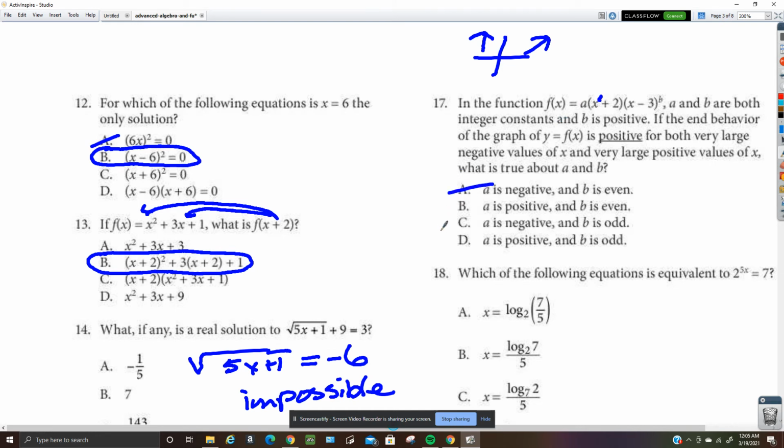So we can eliminate those two. And if B was even, say I made this a fourth, then this would be to the 5th degree. I want the total degree to be even, so B would have to be odd. So say I put a 3 in here, then the degree would be 4, and this positive, and then both ends would go up. So letter D.